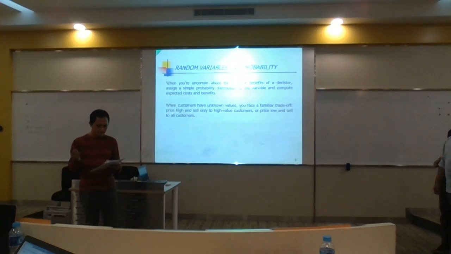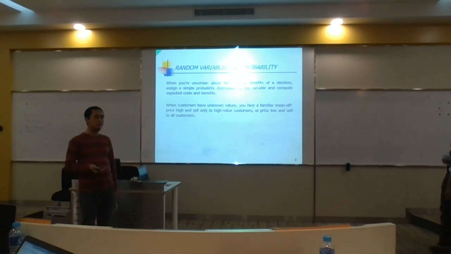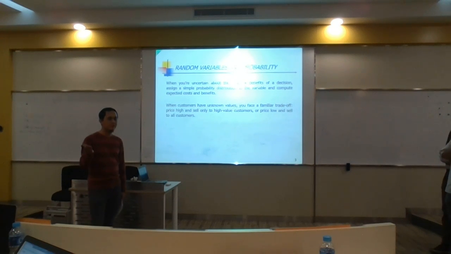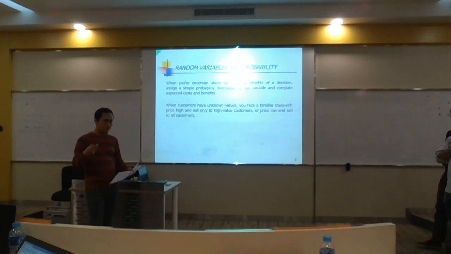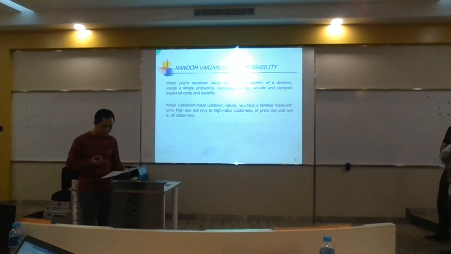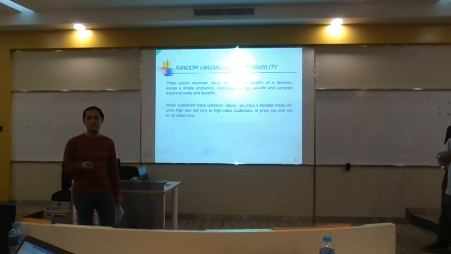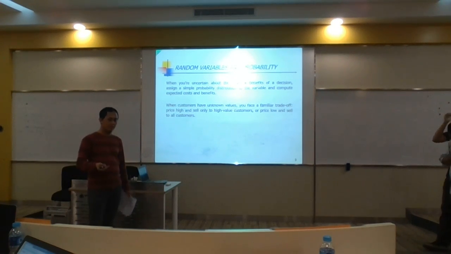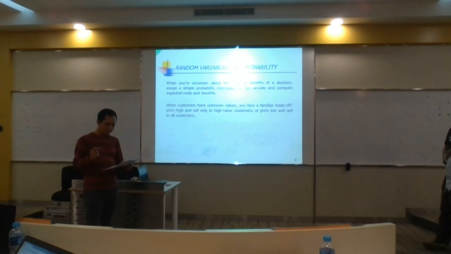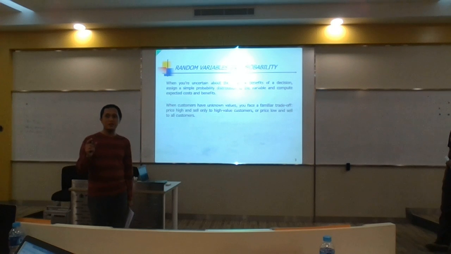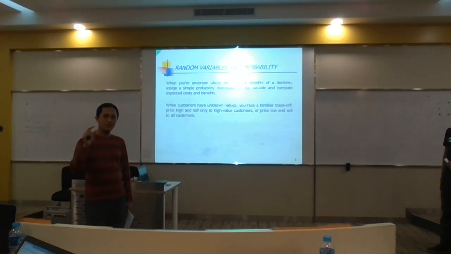When you're dealing with uncertainty, this chapter gives you some tools: identify the situation in which a quantity takes on different values, list the possible values it could take, and assign probabilities to those values. So it's a matter of dealing with uncertainty and assigning probabilities.